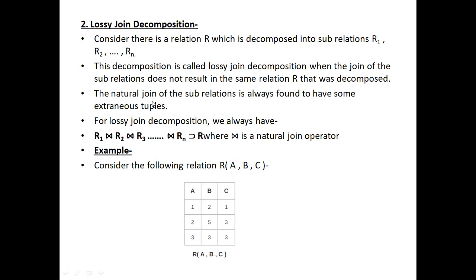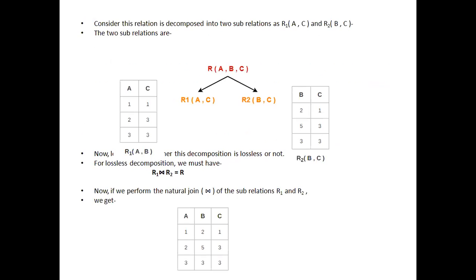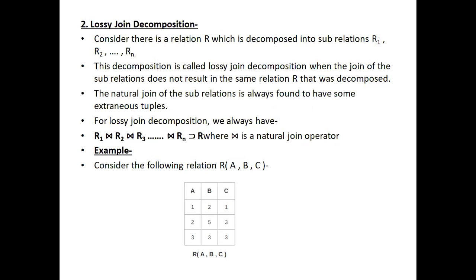If we perform a natural join, which we have seen in earlier classes in your second unit, on the sub-relations, the final relation we get is not the same as the base relation, meaning the prior relation.